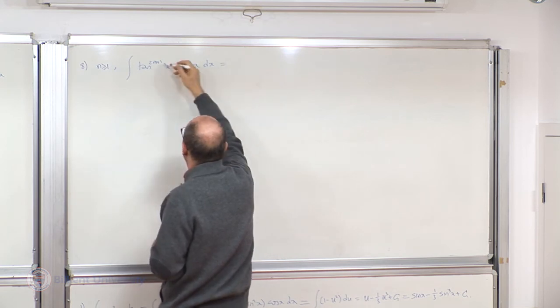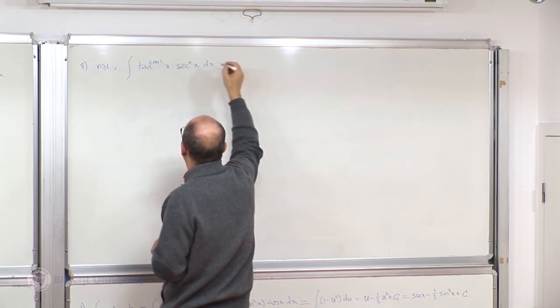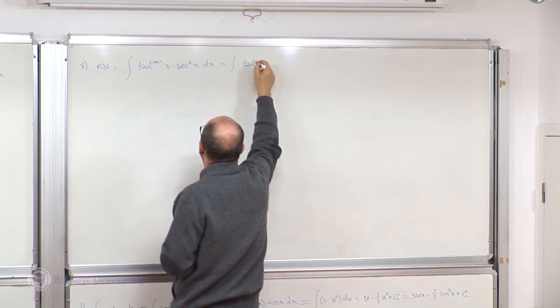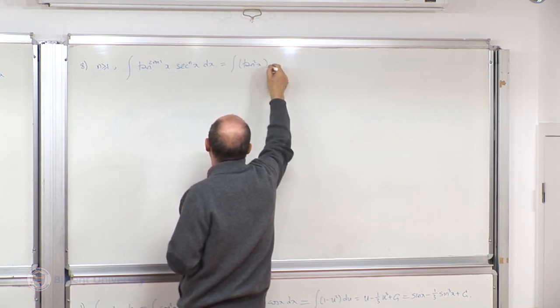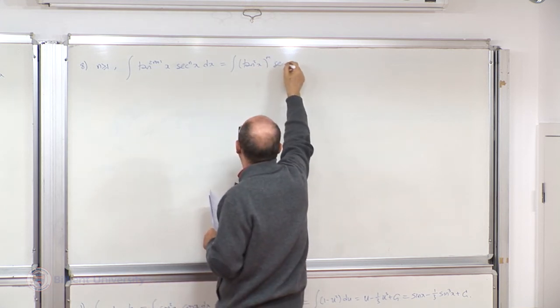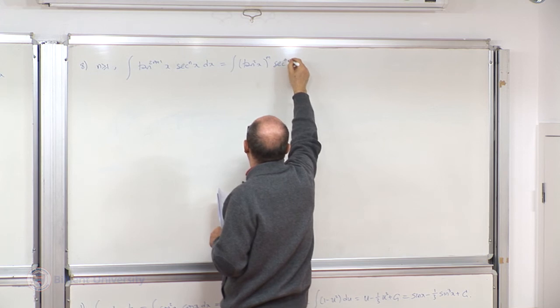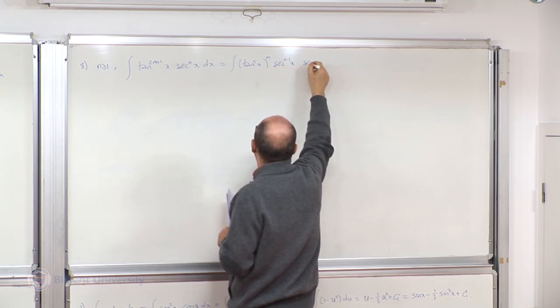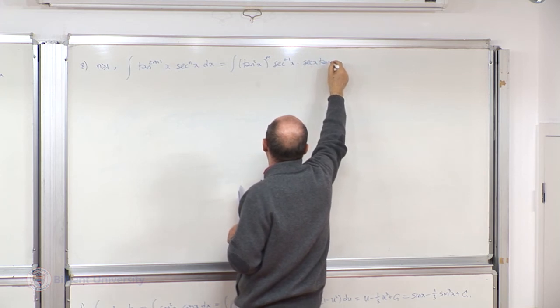So in this case, we take 1 tangent out, and we have tangent square x to the power n. And I have secant m, I'll take one of them out. So I took 1 secant out, and I took 1 tangent out.